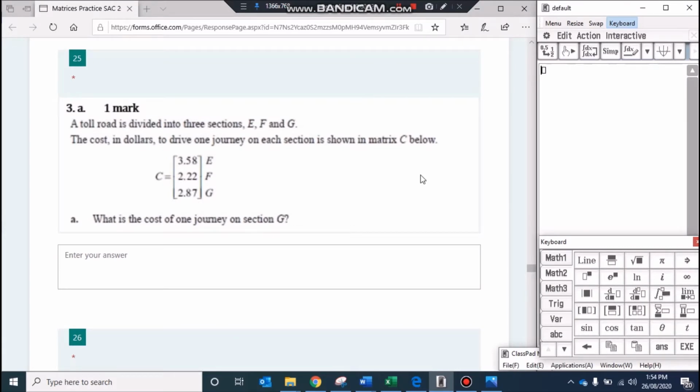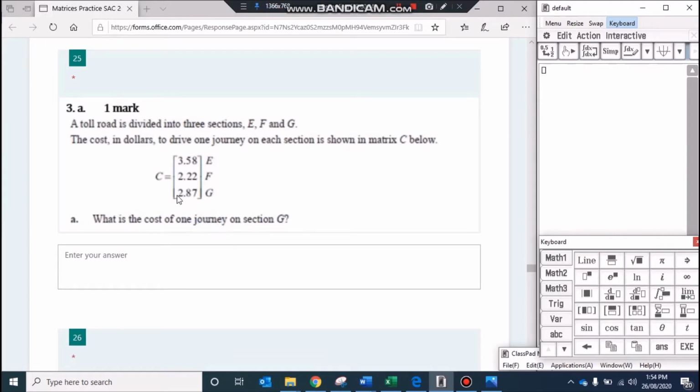We've got a toll road divided into 3 sections, E, F, and G. The cost in dollars to drive one journey on each section is shown in matrix C here. What is the cost of one journey on section G? This question is 1 mark, and it's just to interpret, as we've done a couple times, the information that's actually going on here.